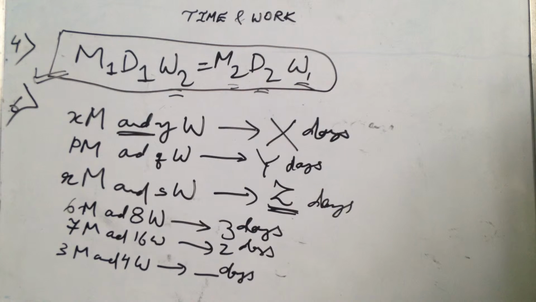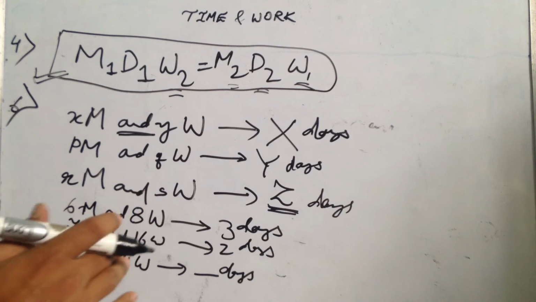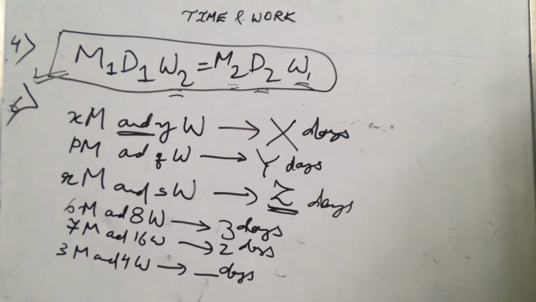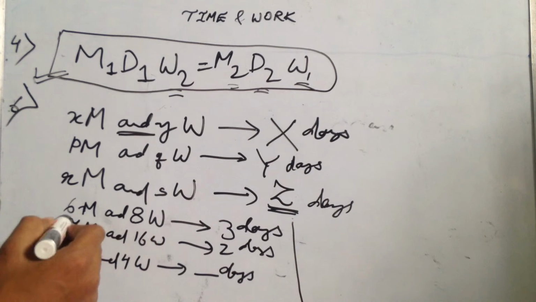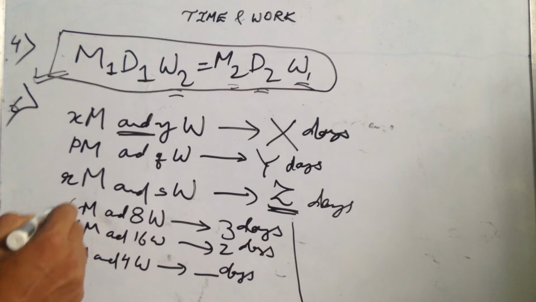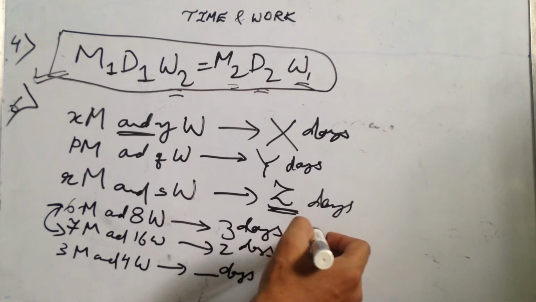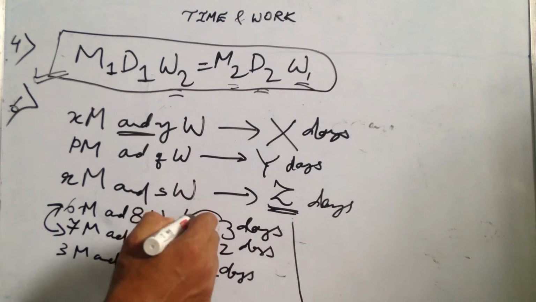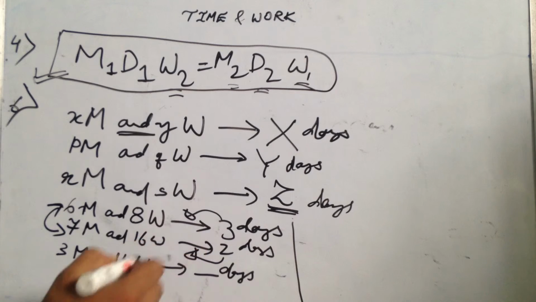So how will we approach this problem? There is a very good thing in this problem that you can easily find. Just remember this, you have to equate these two equations. How will you do it? Multiply this with this and this with these.